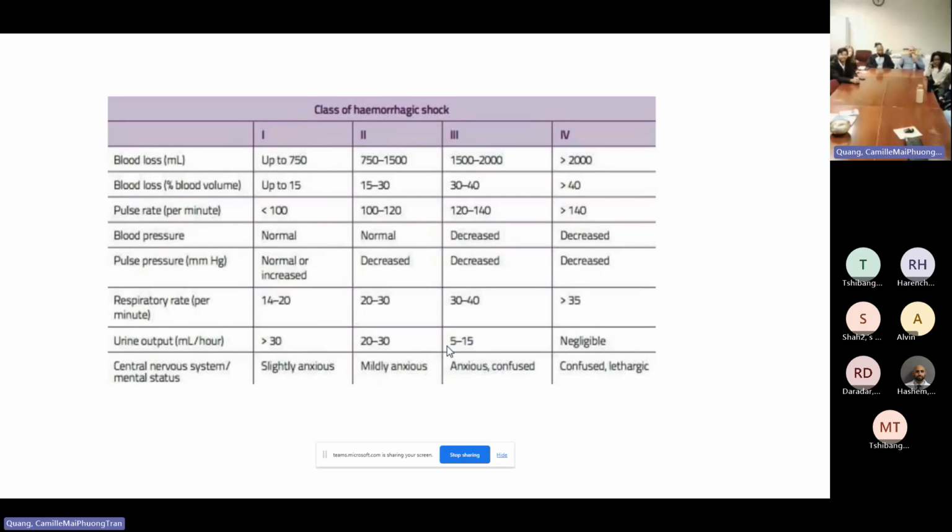Your pulse goes up pretty quick. Your heart rate goes up when you lose just a little bit of blood. And then your urine output also is something. Once that drops to abnormal, you're in the danger zone. And once your patient is also confused and lethargic, danger zone.